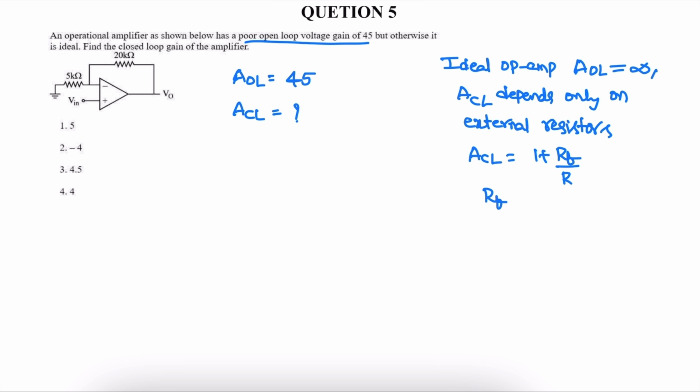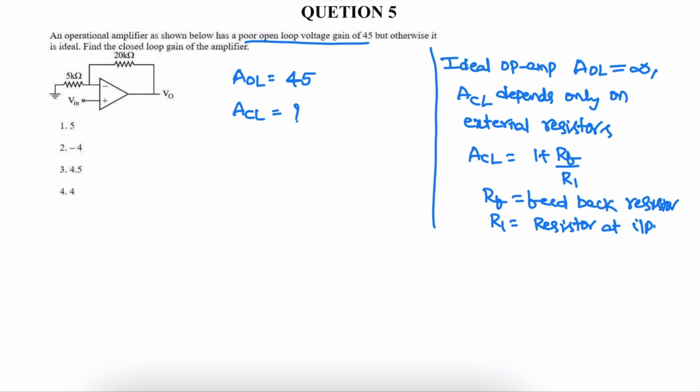RF is the feedback resistor. R1 is the resistor at the input. This is the ideal operational amplifier case.